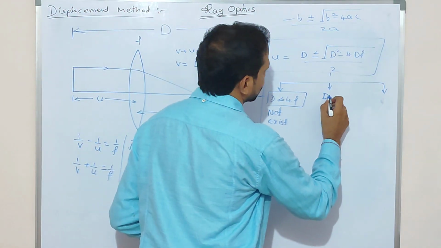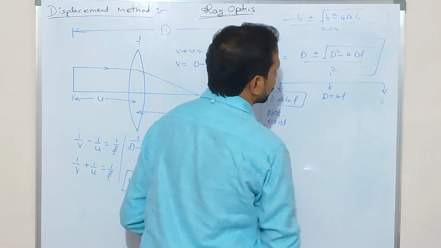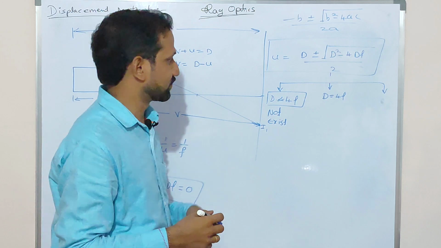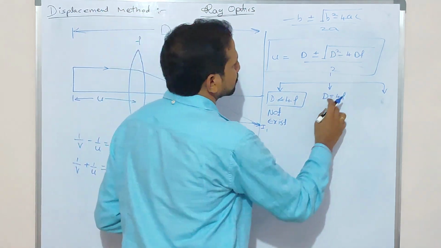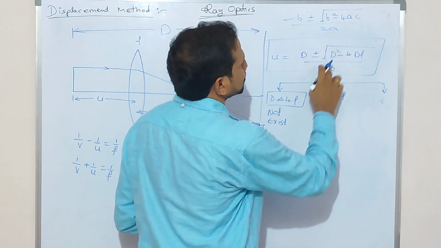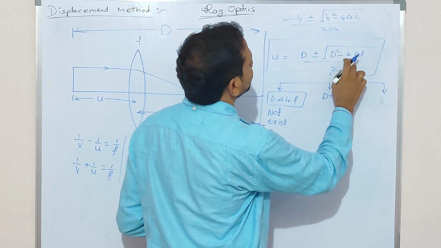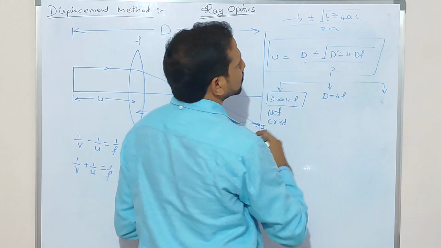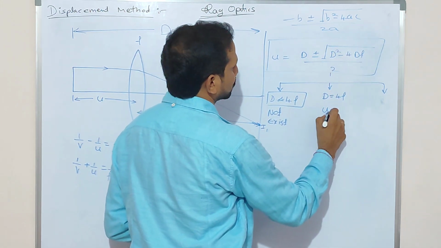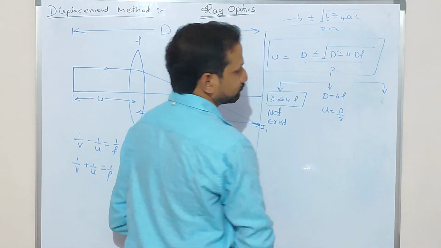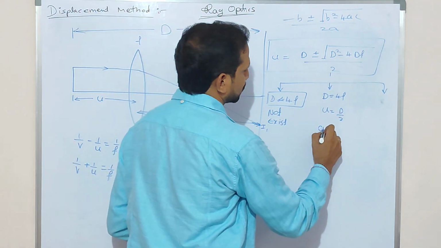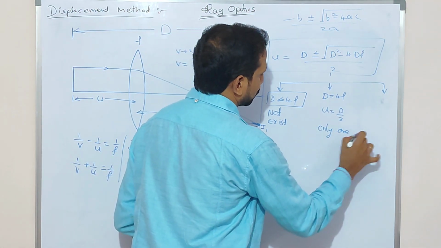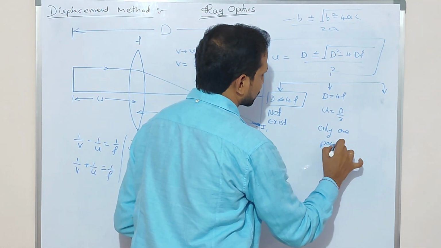Suppose d equals 4f, where f is the focal length of the lens that we need to find. If d equals 4f, as you can see here, d square, like 4f square minus 4f square will come here, so it will be 0. So u will be equal to d by 2. Only one position is possible here, only one position for the lens.